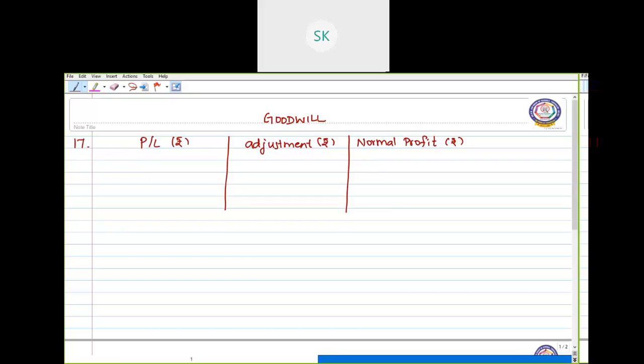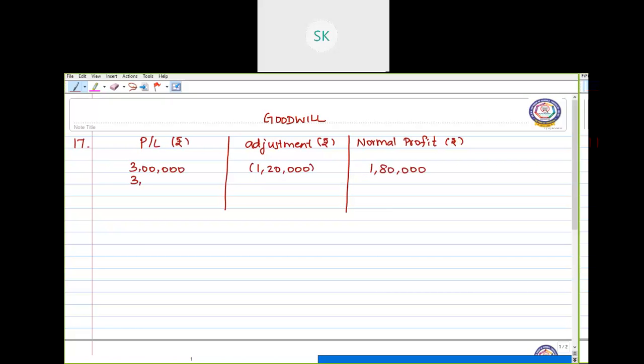The first year's profit is rupees 3 lakh, and we need to adjust the salary of partners rupees 1 lakh 20,000, and the normal profit becomes 1 lakh 80,000.